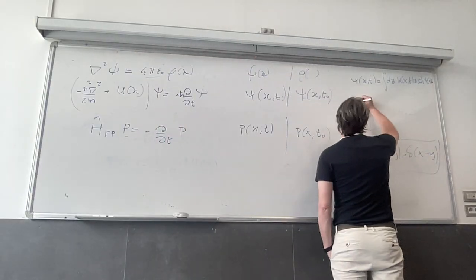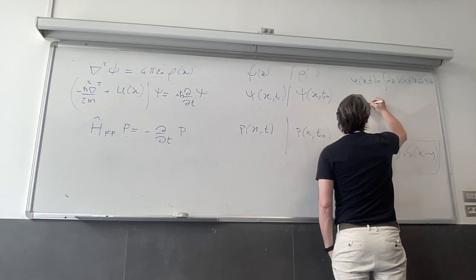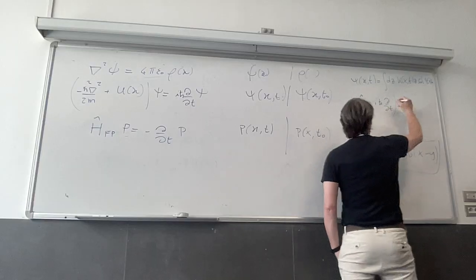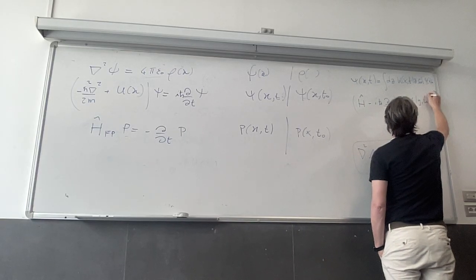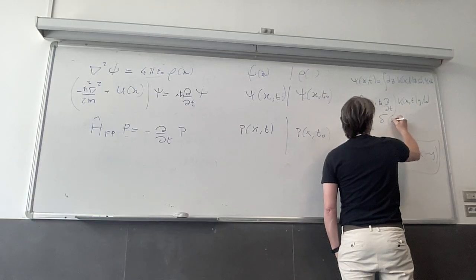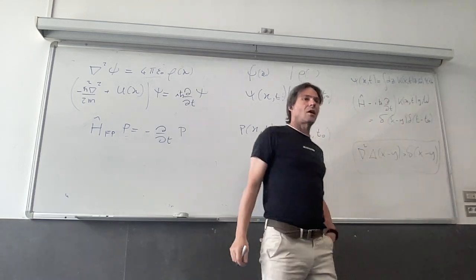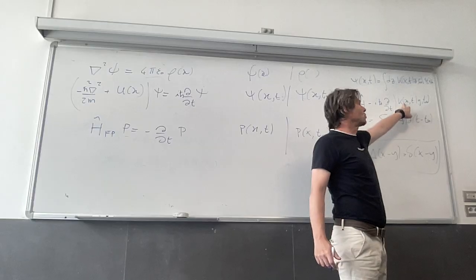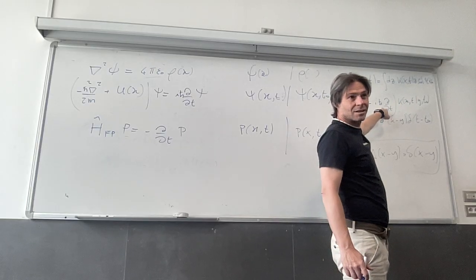And it's the solution of the equation Hamiltonian minus i h bar d by dt of K of x t; y t naught equals delta of x minus y delta of t minus t naught. The propagator, or the matrix element of the time evolution operator, is the Green's function of the Schrödinger operator. Okay?